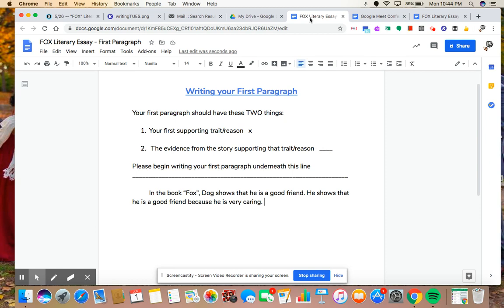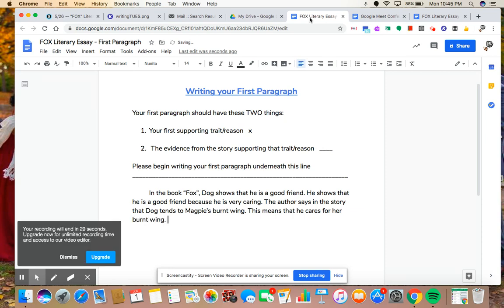So the author says in the story that dog tends to Magpie's burnt wing. This means that he cares for her.